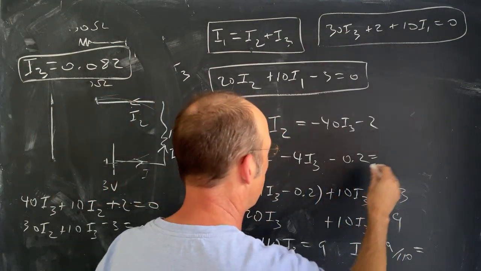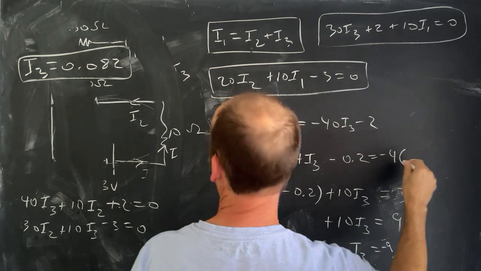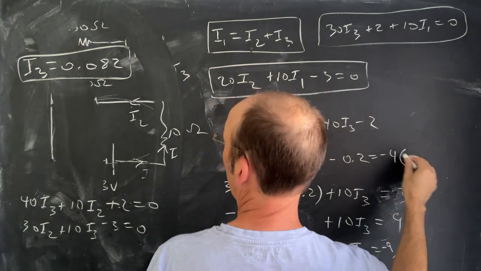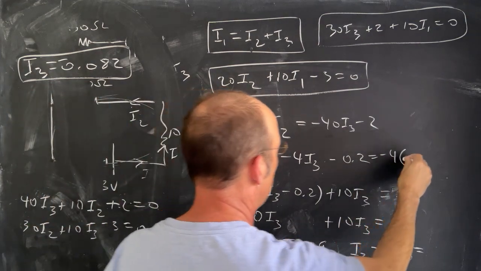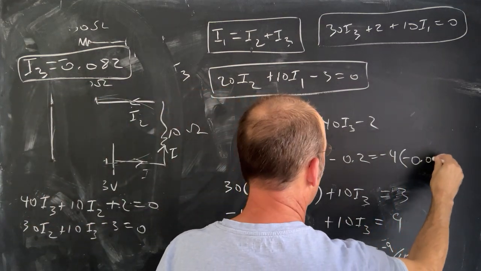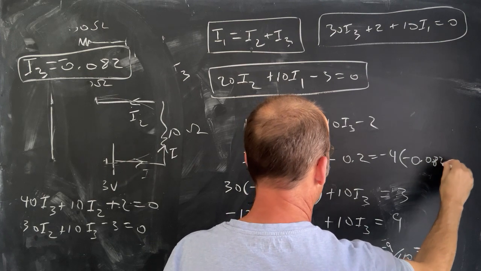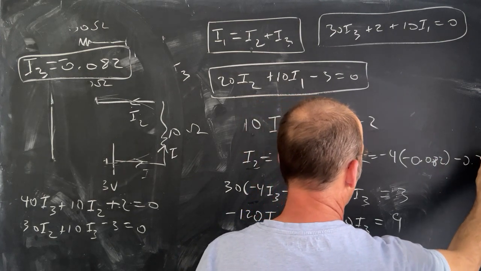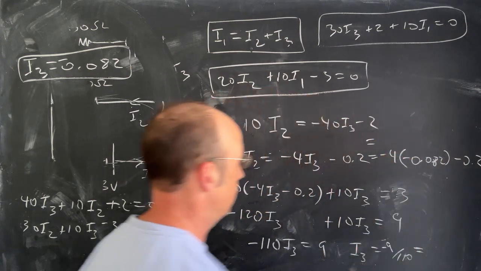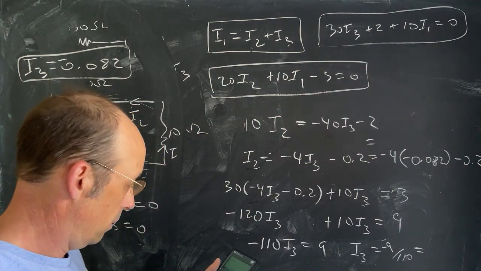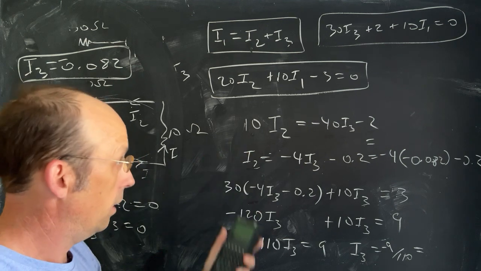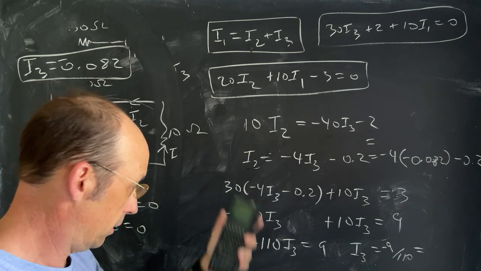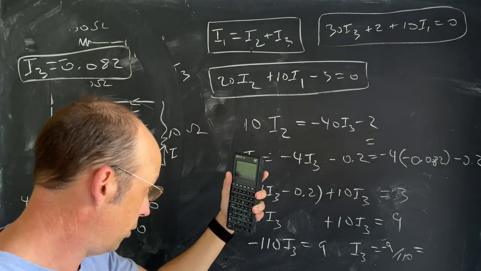So this is going to be equal to negative 4 times, so I got I3 backwards, negative 4 times negative 0.082 minus 0.2, so that's going to be positive 4 times 0.082 minus 0.2, and I get 0.127.